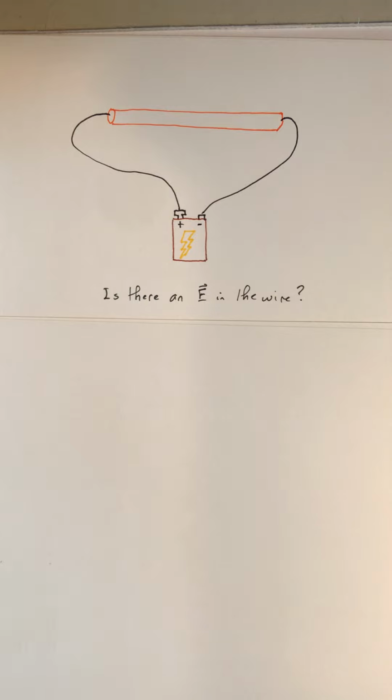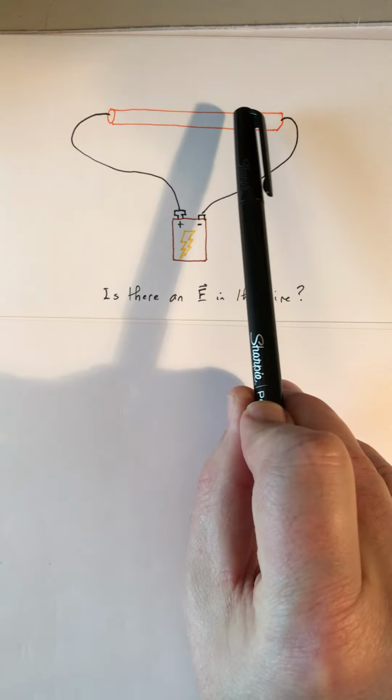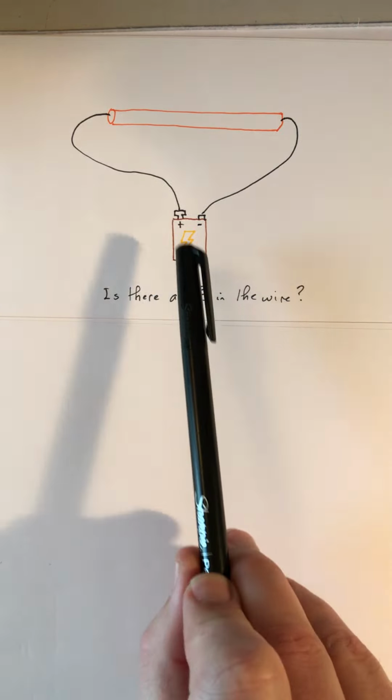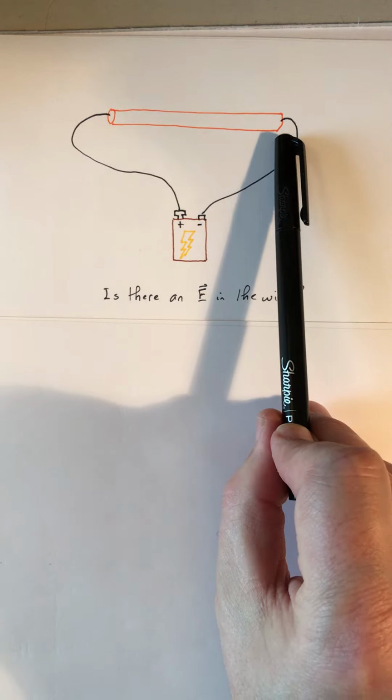Now, previously we had talked about conductors that are in electrostatic equilibrium. And if that were the case, then no, there would be no electric field in the conductor. Here, we are putting energy into the system through the battery such that the left end is always held at some positive voltage relative to the right end.